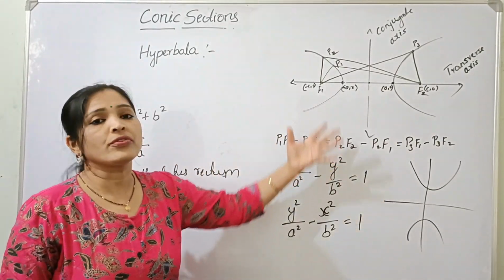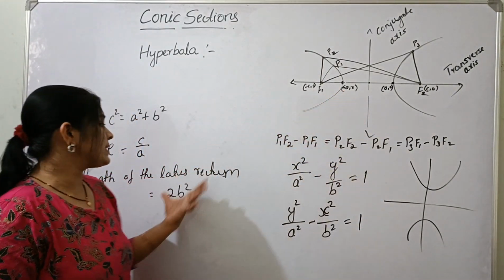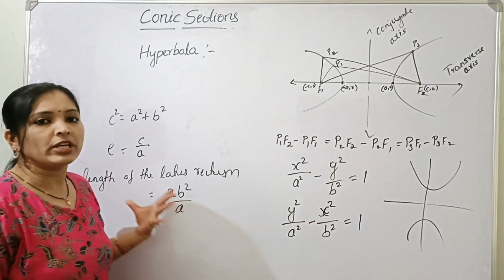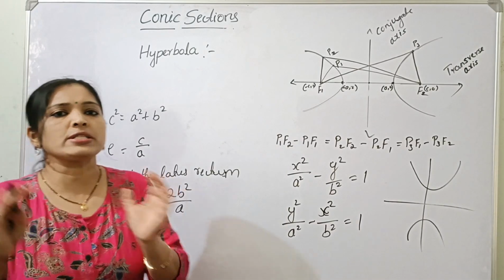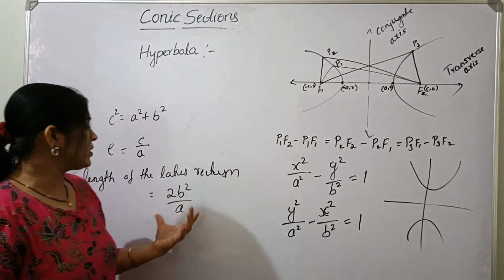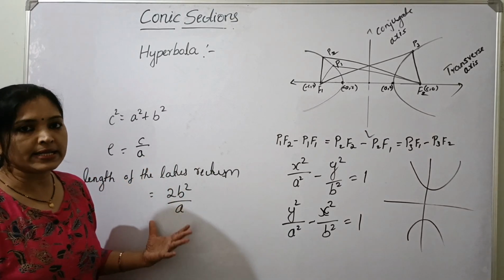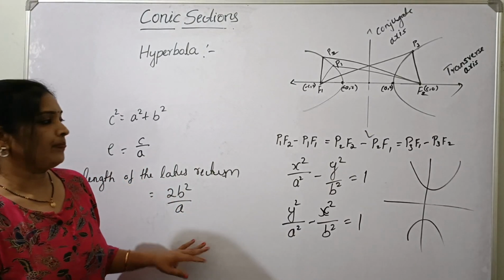From the derivation of the definition, we will get the same thing for the length of the latus rectum. The derivation is the same as the ellipse, so here also the length of the latus rectum is 2b squared by a.